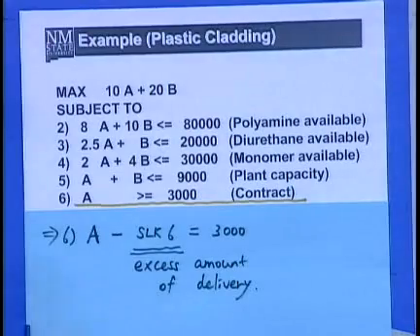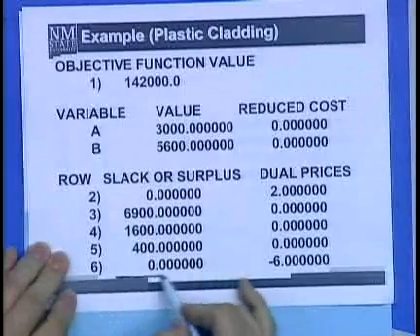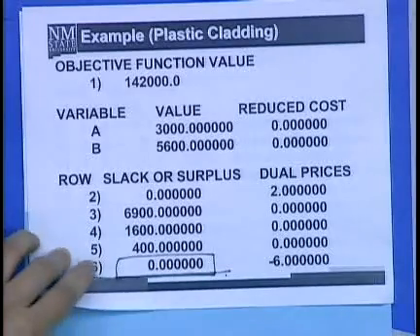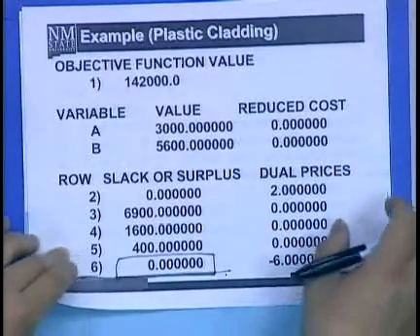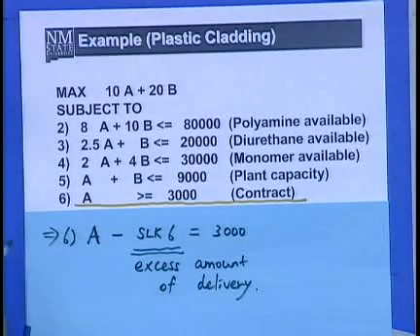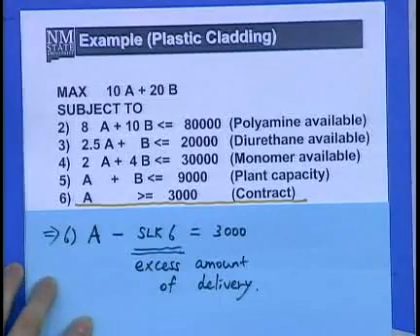And in the optimal solution, surplus 6 has a value of 0. And if you deliver one more than the contracted amount, the excess amount of delivery becomes 1, right? That is, surplus 6 is increased by 1. Okay?